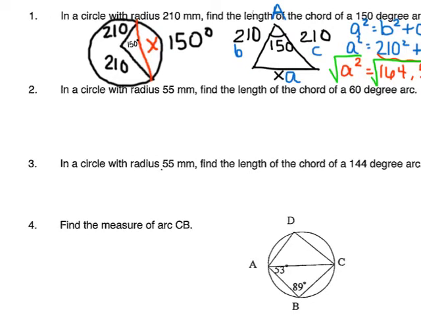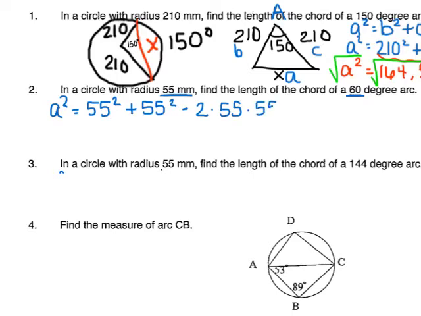So for this one, if the radius is 55, that's like our side length, that's B and C, and here's our angle A. So I would do A squared equals 55 squared plus 55 squared minus 2 times 55 times 55 times cosine of 60.